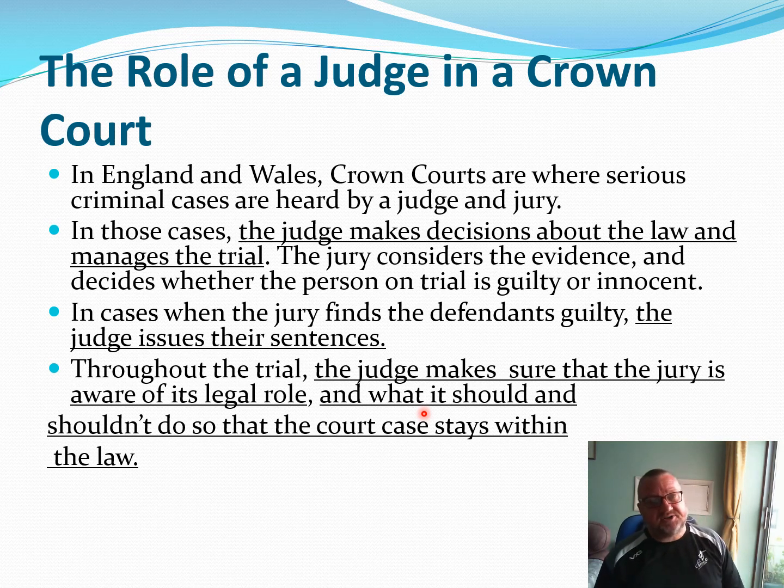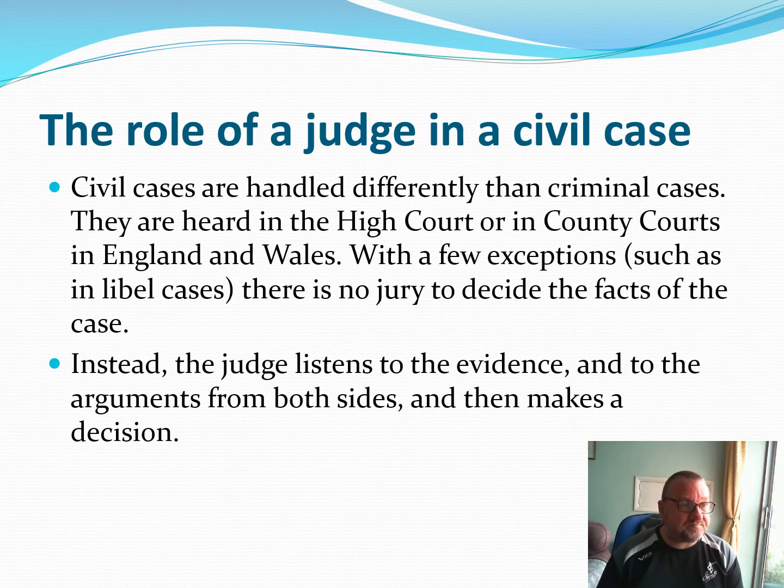So you could have a judge that says you're sentenced to life imprisonment and must serve a minimum term of 20 years. Or life imprisonment with a minimum term of 10 years. So that is where the judges have a little bit of leeway. Okay? As well as that, throughout the trial, the judge will make sure the jury is aware of its legal role and what it should and shouldn't do, so that the court case stays within the law.